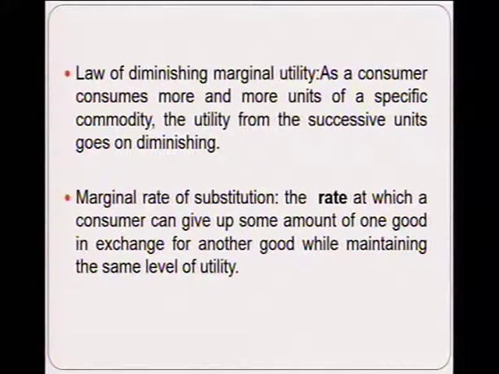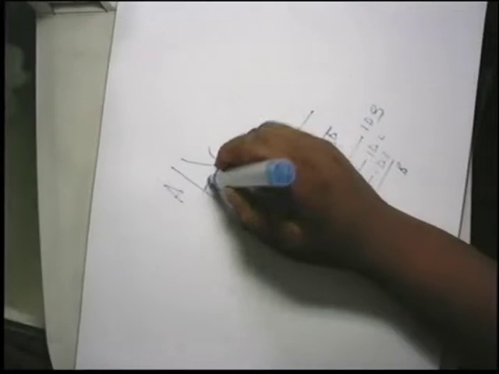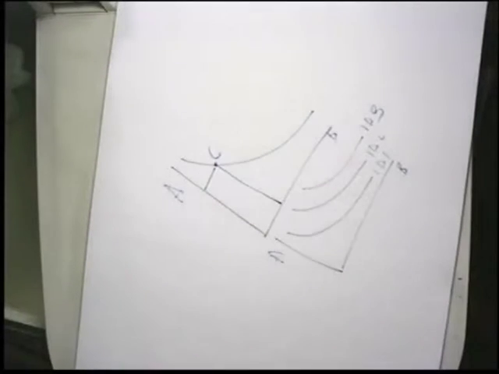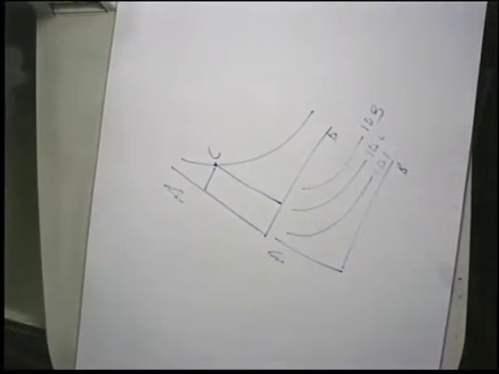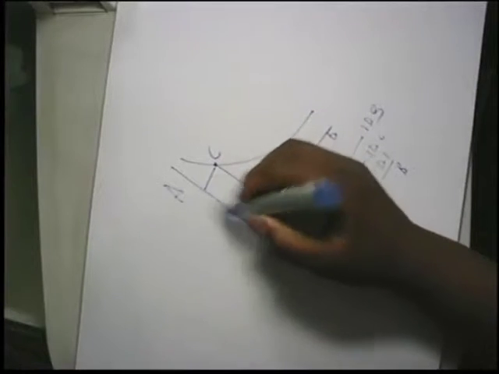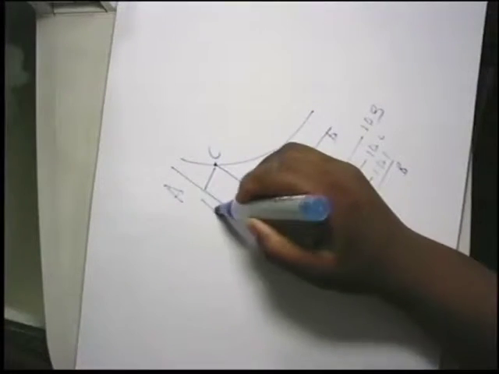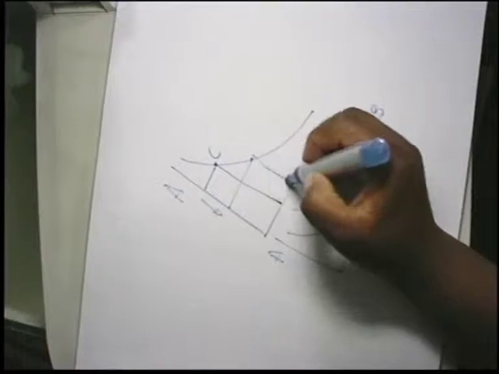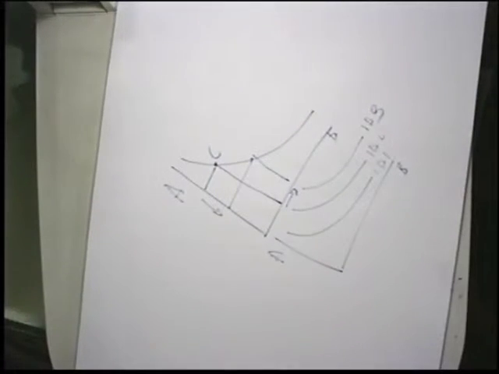For instance, at this point, you have this quantity and that quantity of B. But if I give up more of A and come down here, then I'm going to get more units of B. And that is a marginal rate of substitution, the rate at which we give up A in order to get more of B, in order to remain on the same level of satisfaction.